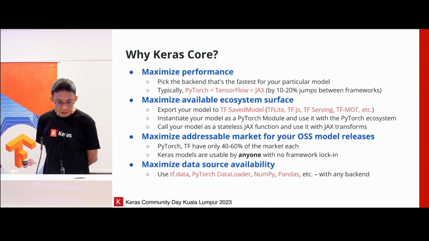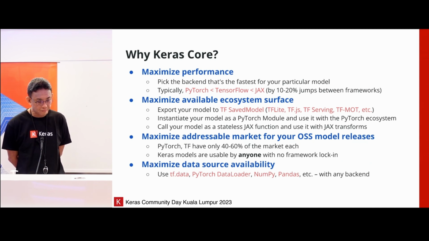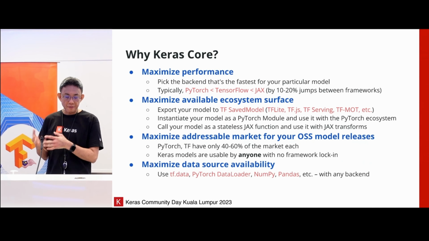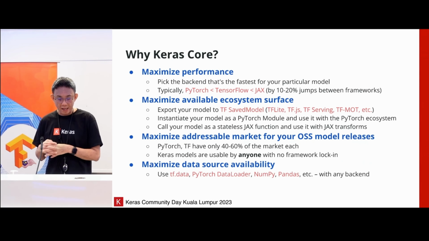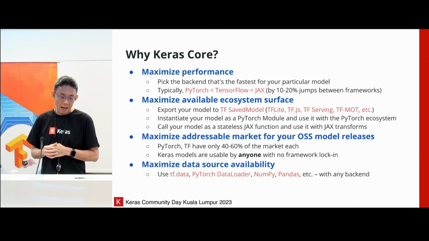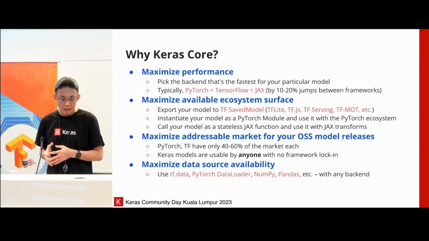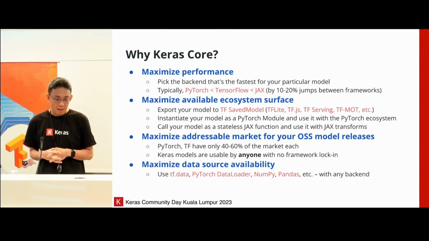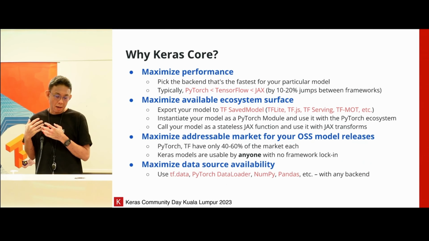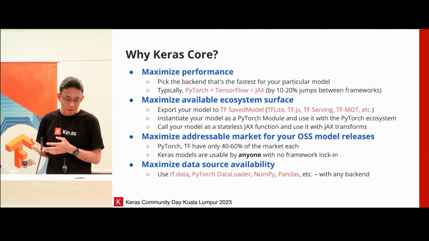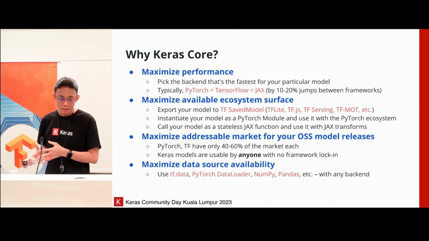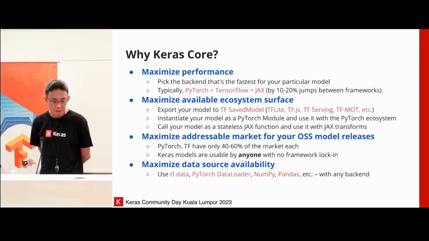The next thing is with Keras Core, you can also maximize your available ecosystem. For example, you can save your model now to TF SavedModel. Then you can export it to TF Lite or TF.js, and you can serve your model using TF Serving or other TensorFlow libraries out there.